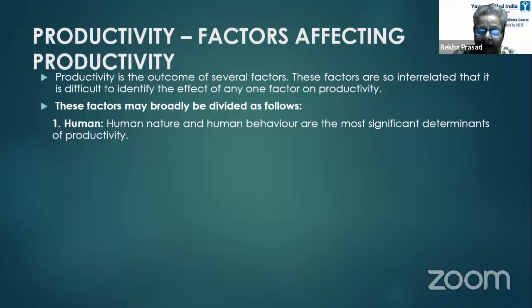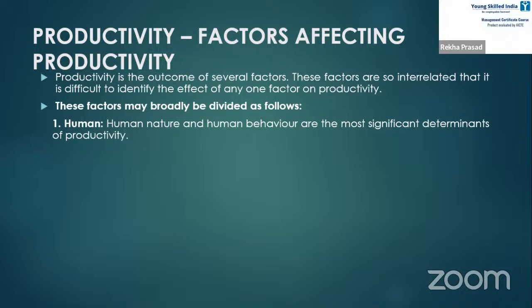So human, because it is the human who have developed it. Today we are talking of artificial intelligence, but who has developed it? There are IT experts. It has not developed by itself. It has also been developed by some human being. Gradually over the years, now it has become a very powerful tool.